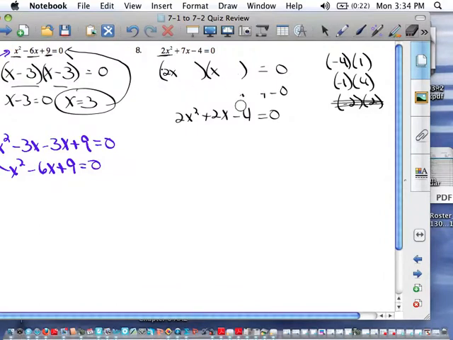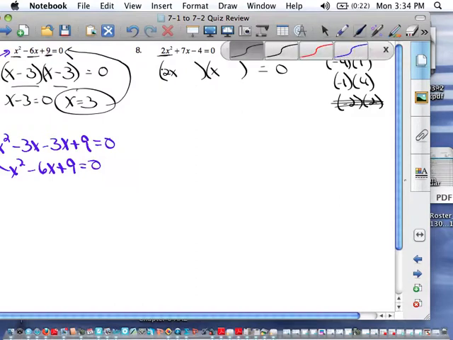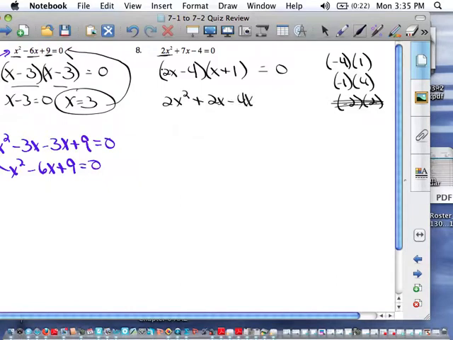So now let's take a look at the options we have left. Let's choose the first one. Let's say I have -4 and +1. When I FOIL this, I'll have 2x squared plus 2x minus 4x minus 4. Again, when we look, we're going to get a -2x in the center, and that's not going to be what we started with. So let's try again this time.